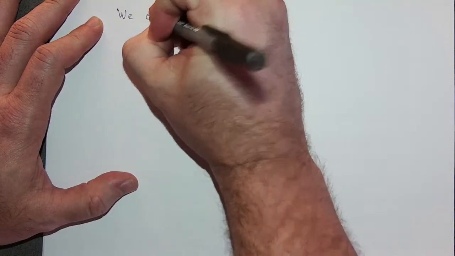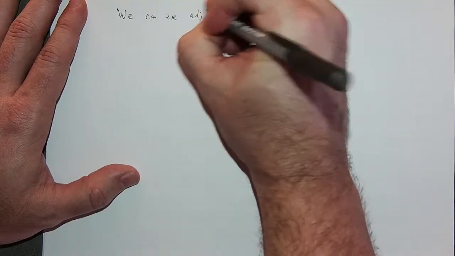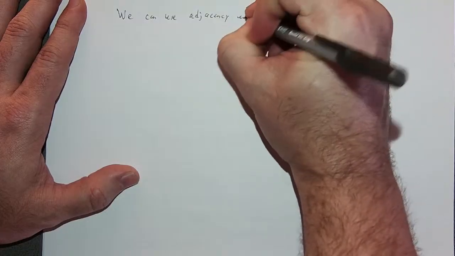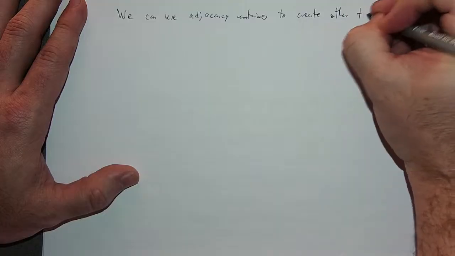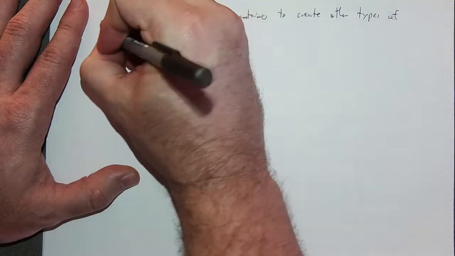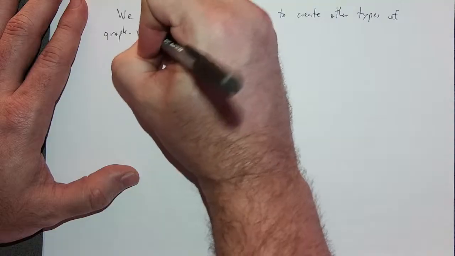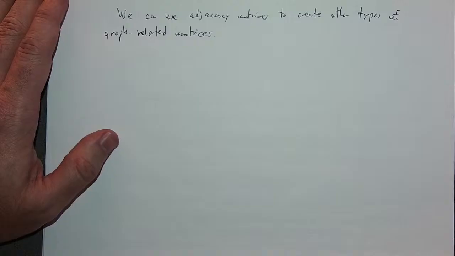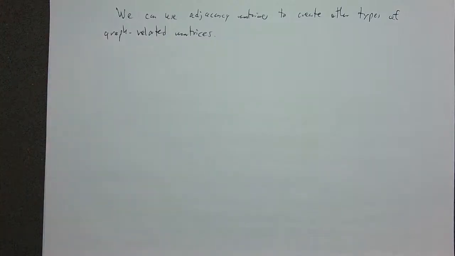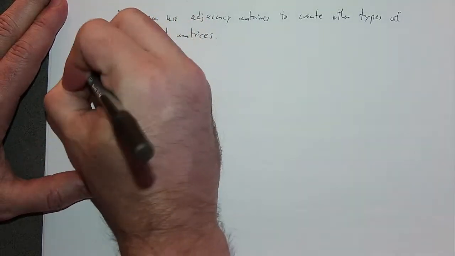So we can use adjacency matrices to create other types of graph-related matrices. Here is an idea.